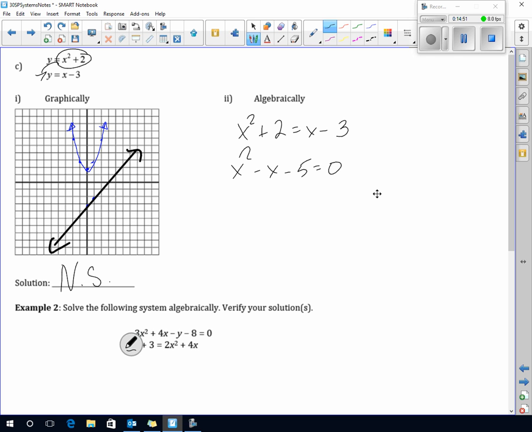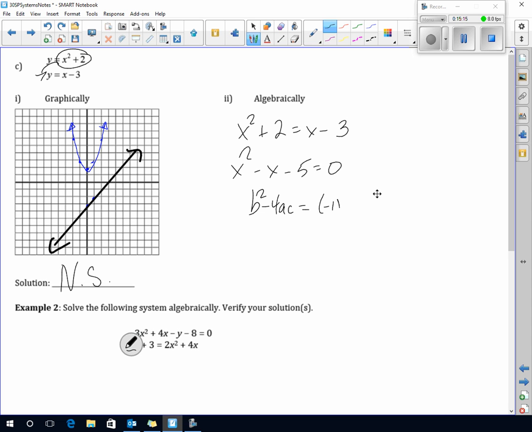We're hoping that the discriminant will be what? Negative. You got to show the discriminant is negative to conclude that it's no solution. So b is -1, so that would be -1 squared. And some people are still getting this wrong. It's b squared minus 4ac. It should be a positive 5.